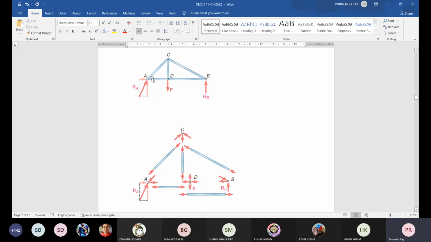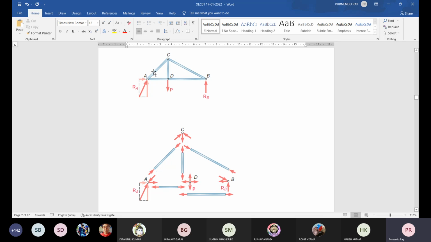Now if we consider the equilibrium of the individual member AD, this member AD is subjected to this force equal and opposite to this force. Can you identify the cursor movement here on the screen? Yes, sir. So this is the force offered by the member on the joint, and this is the force offered by the joint on this member AD. Clear? Now at joint A, how many members are there?